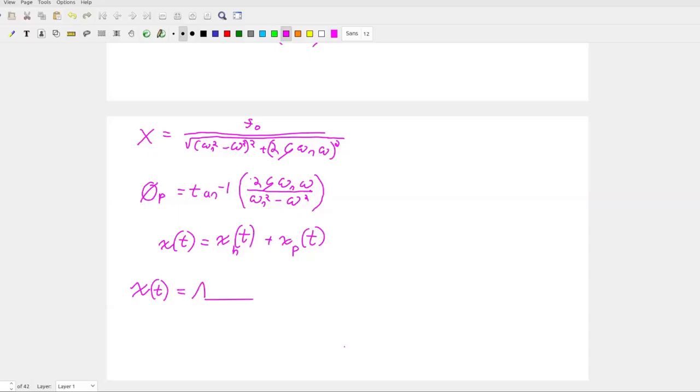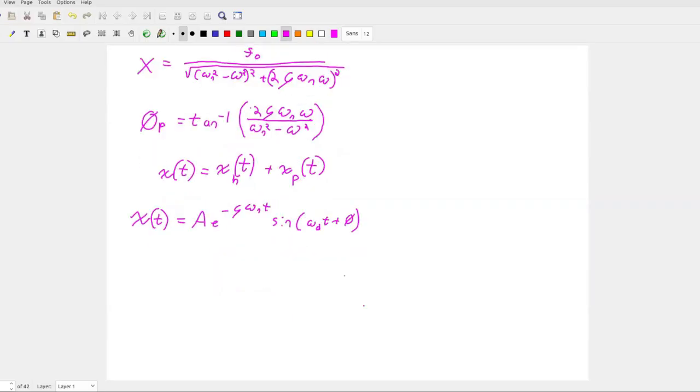is equal to A e to the negative zeta omega n t sine of omega d t plus phi. So that's my homogeneous solution. That's going to eventually decay away to nothing, plus capital X cosine of omega t minus phi p.